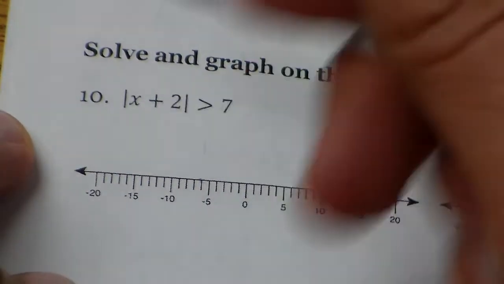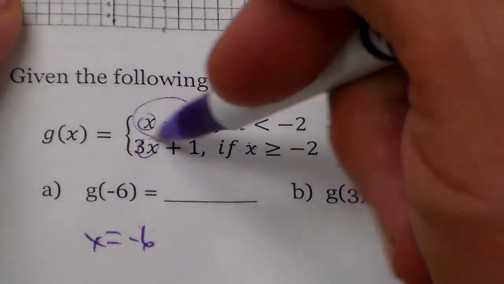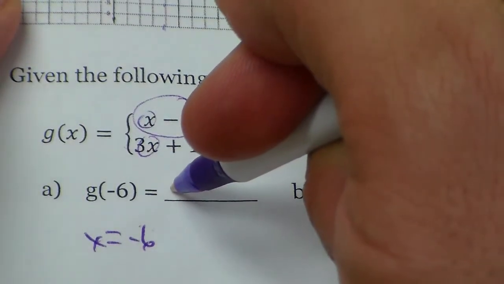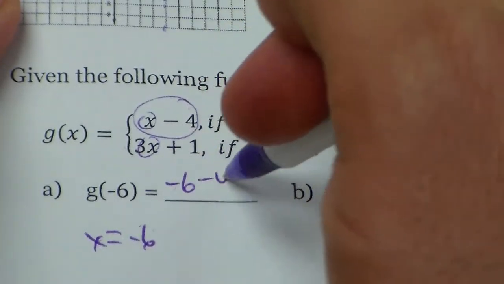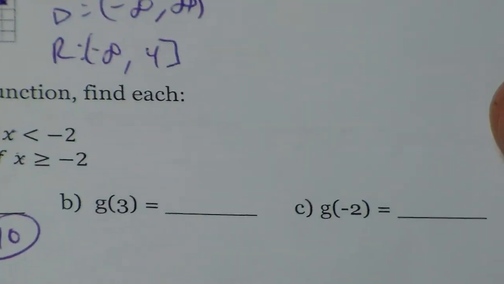So -6 is less than -2. Awesome. So that means that we're going to use this top one here, x minus 4, for this problem. So then we're going to do x equals -6 is less than -2. So -6 minus 4 equals -10. How easy was that? Going to be 4 of these on the test.